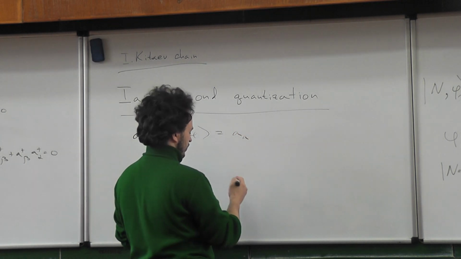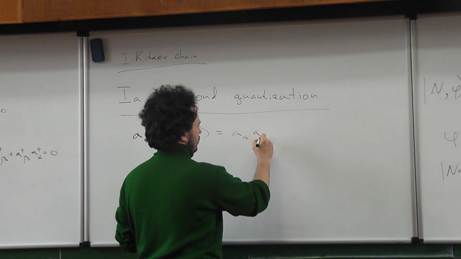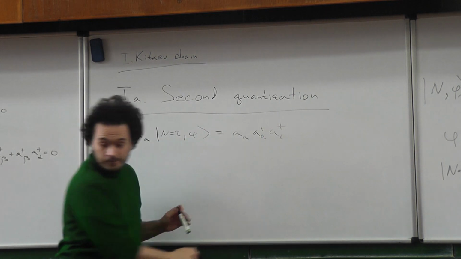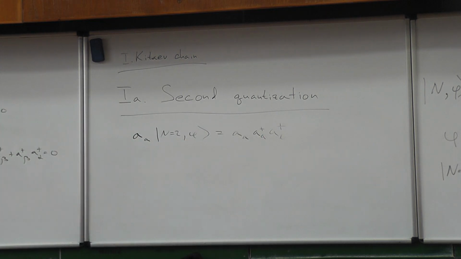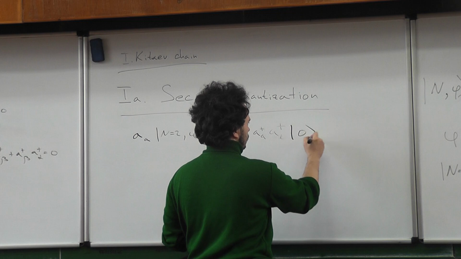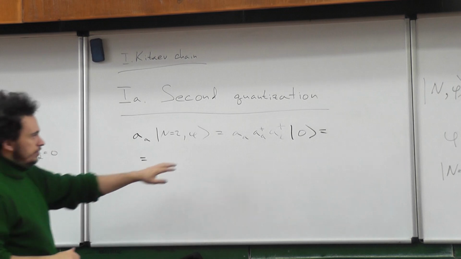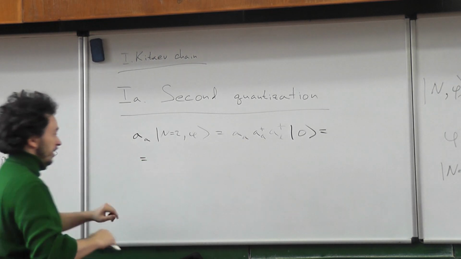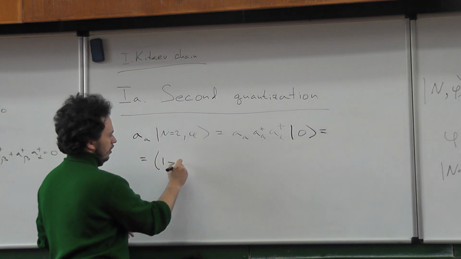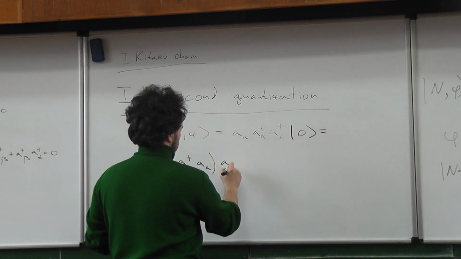I apply A_A to this state. Now I start using these identities. A_A dagger, by this identity, is equal to 1 minus A dagger A, B dagger.